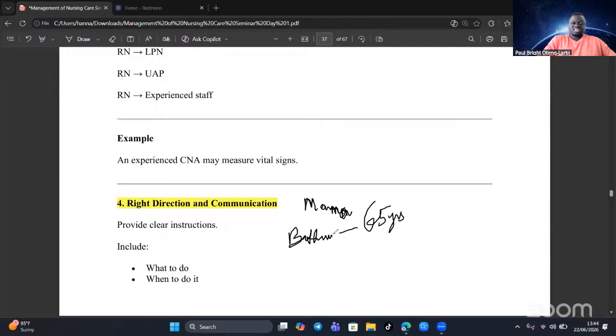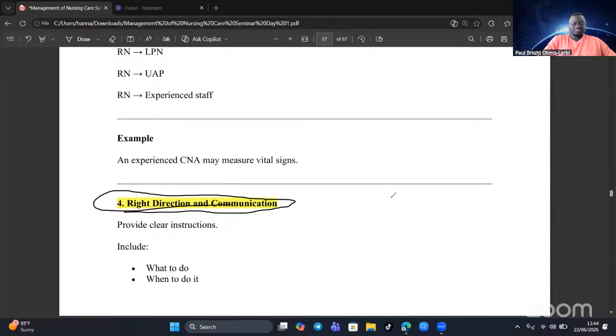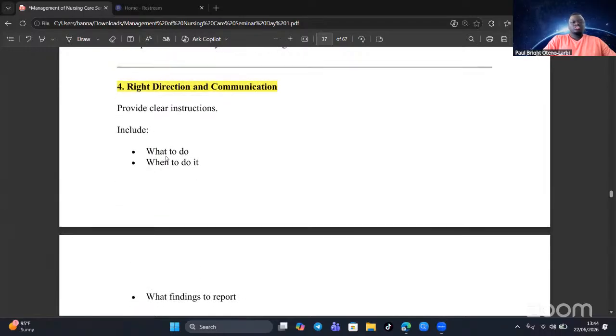Especially those who go to care homes, you meet problems of this: language barrier, communication, right direction. So what they should do, when they should do it, when you are doing your delegation.